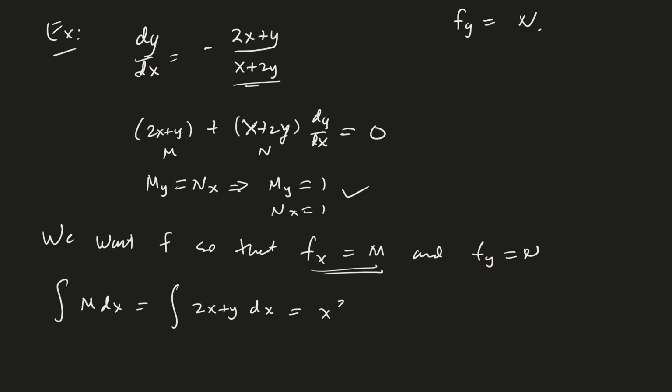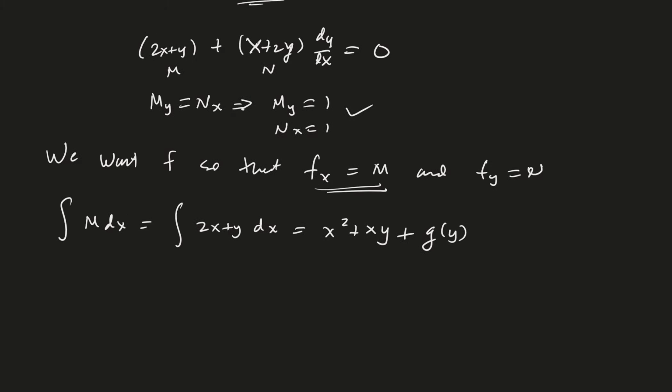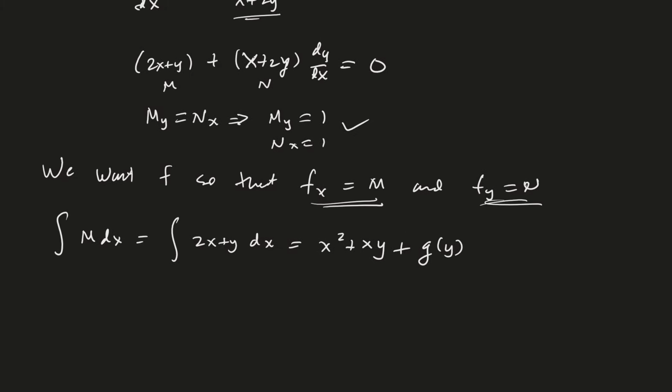So that's going to be x squared plus xy plus some unknown function of y, right? And similarly, we have f sub y equals N, right? So you could anti-differentiate that with respect to y, and we have the integral of x plus 2y dy. And so that's going to be xy plus y squared plus an unknown function of x. Is this looking familiar for those of you that watched the first video?